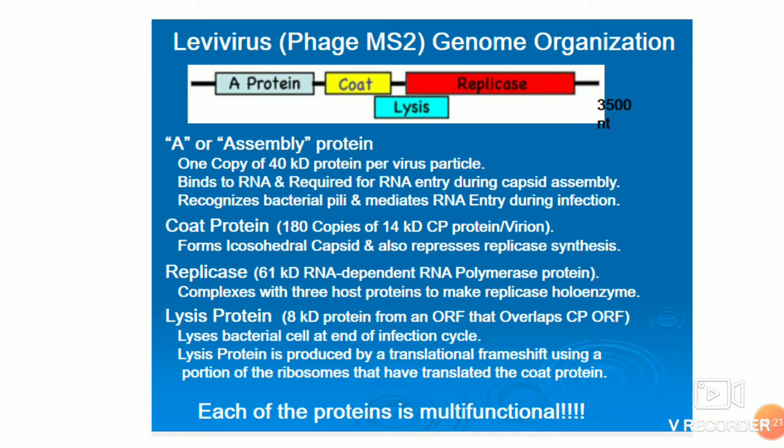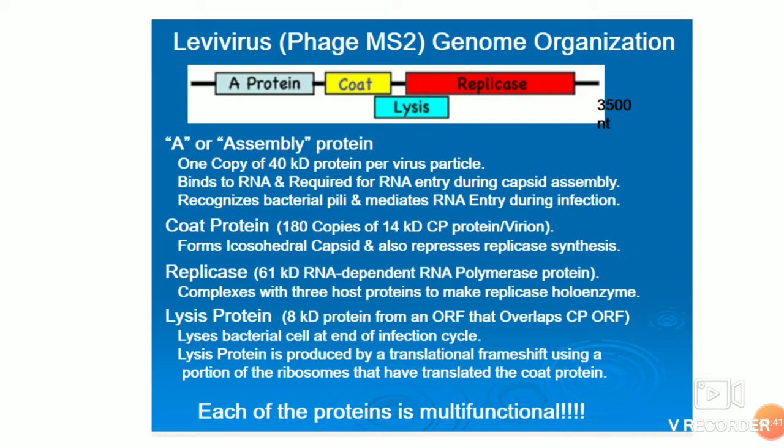A protein is also important because it is the one with the RNA, recognizing the receptors, that is the pili of the bacteria, and then it mediates the RNA entry during infection. The other important protein is the coat protein.